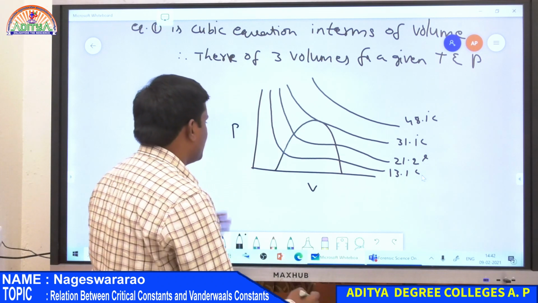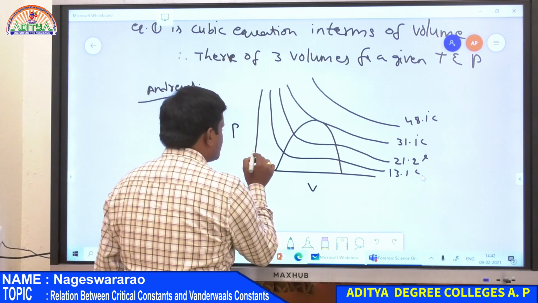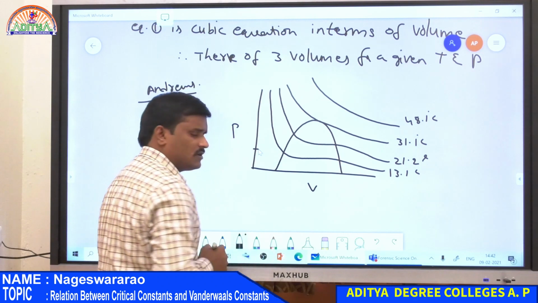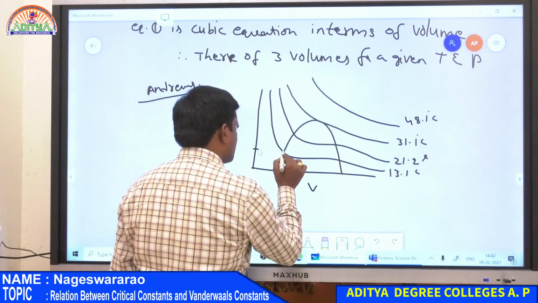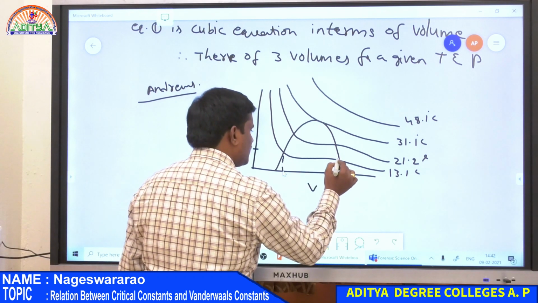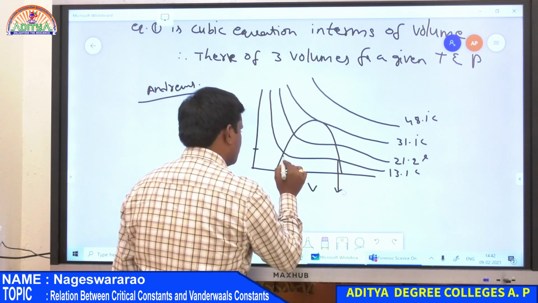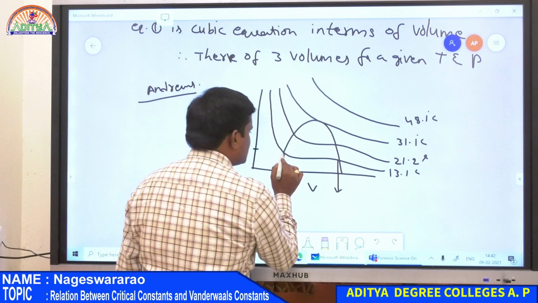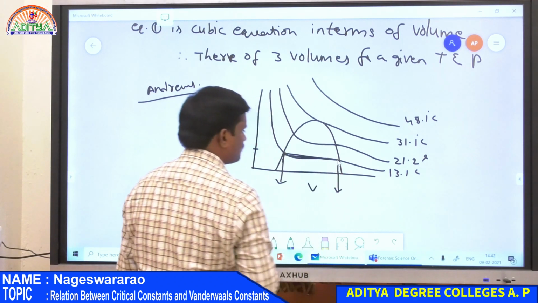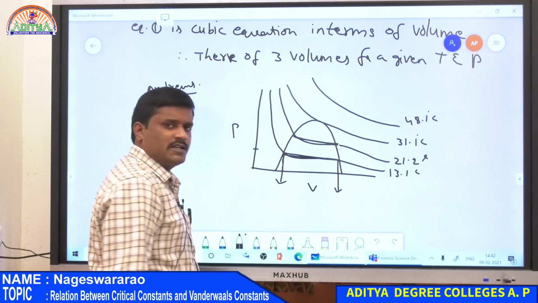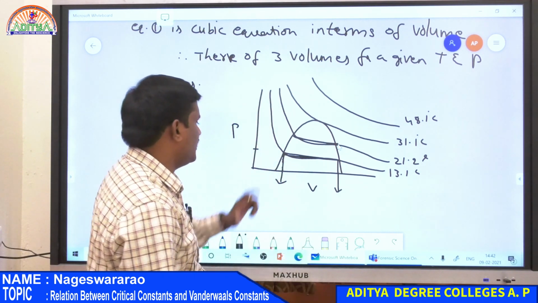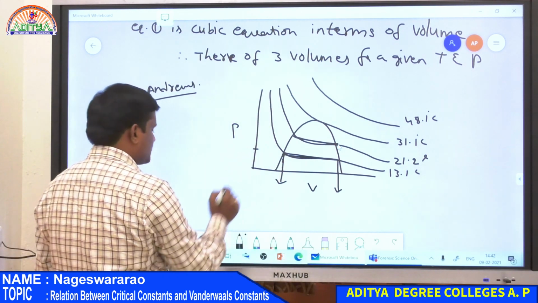So if, for this particular pressure, you have 2 volumes. This is the corresponding volume, and also here we get a corresponding volume, because this is a horizontal portion. Similarly at 21.1 degrees centigrade also we have only 2 volumes for a given pressure.